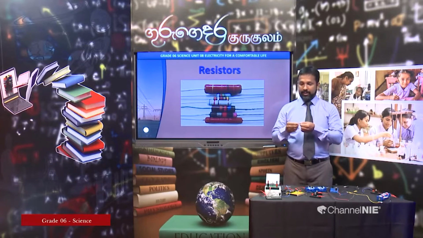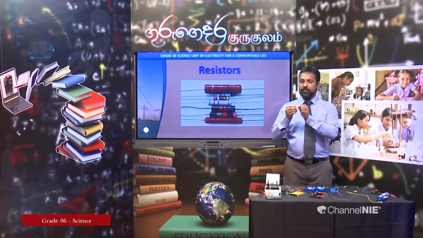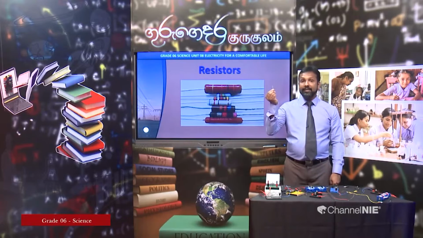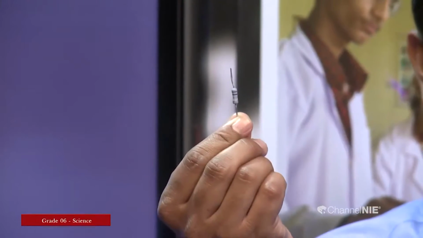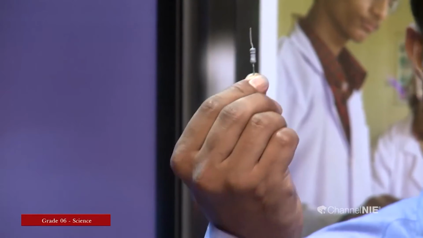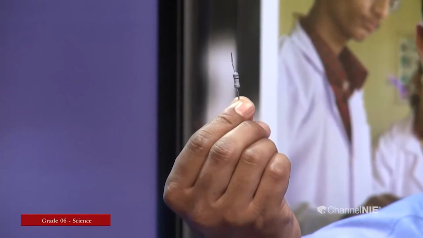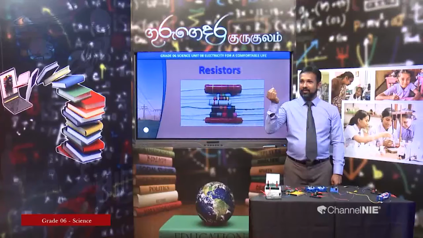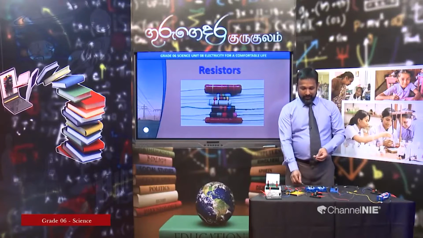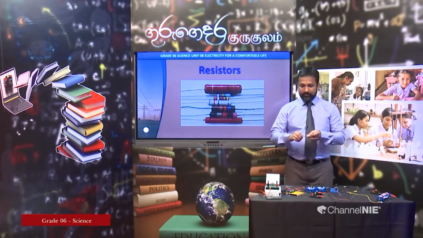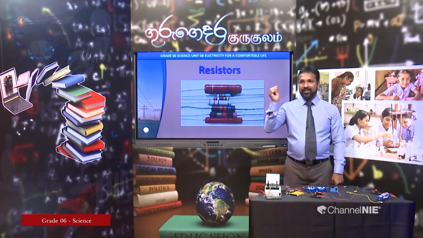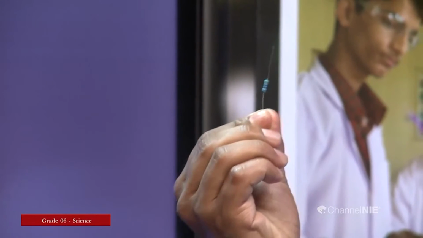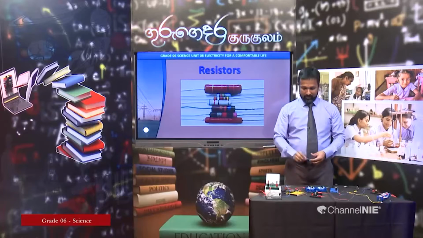This is not a picture, this is a real resistor. Right. This is another resistor. This is also another real resistor. Right.